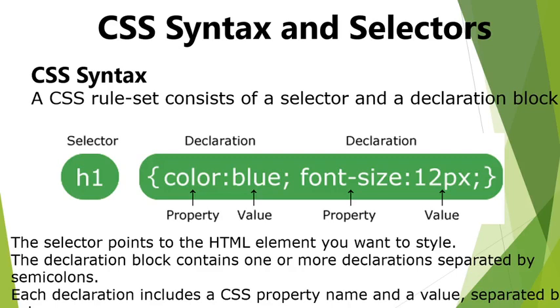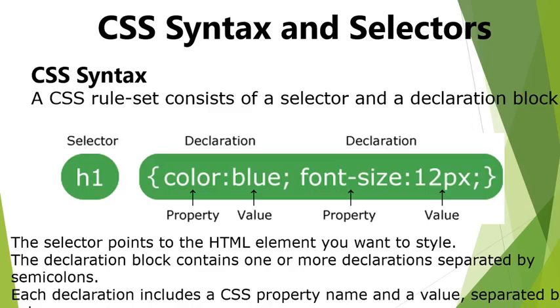At the end of every declaration we write a semicolon. Therefore this selector points to the HTML element. The declaration block contains one or more declarations separated by semicolons.